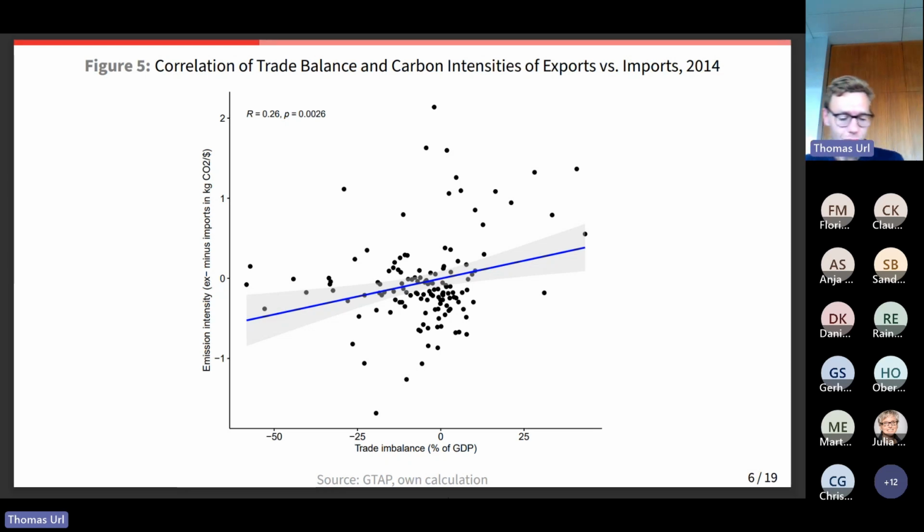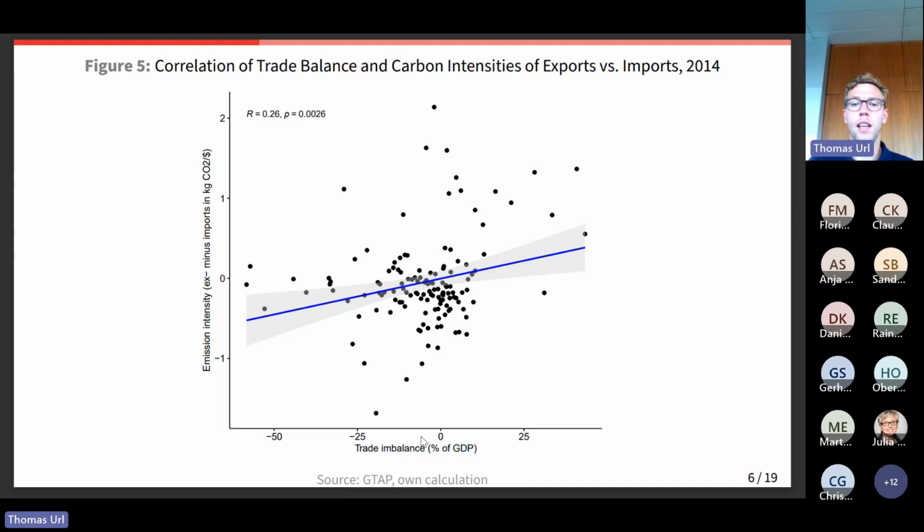When you look at the countries with the biggest surplus and the biggest deficit, China and the US, China's exports are quite carbon intensive, so I think they are around somewhere here, while the US is somewhere around here.